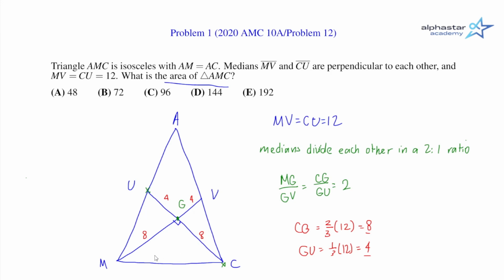In fact, we can easily see that within triangle GMC, we have an isosceles right triangle, so therefore the hypotenuse MC should be 8√2, right?